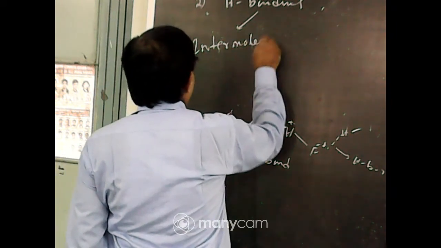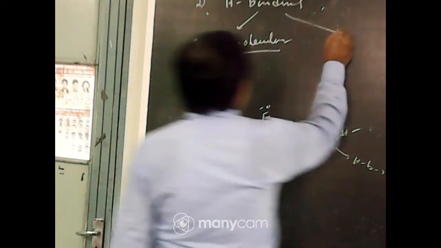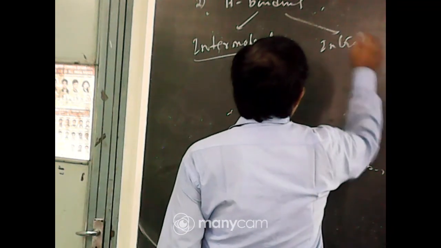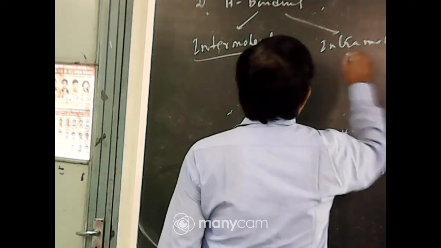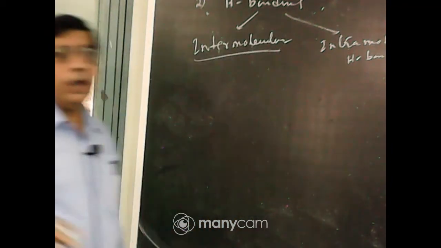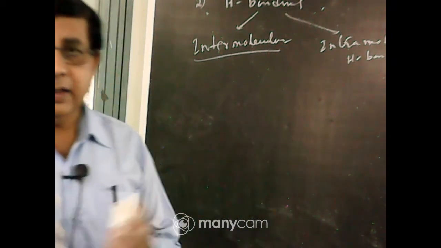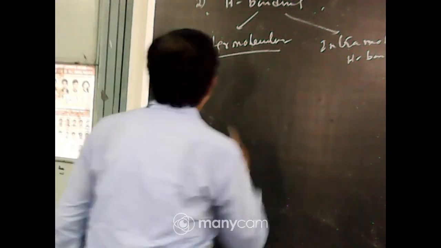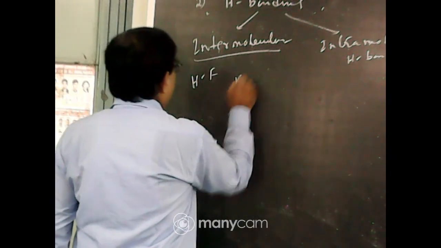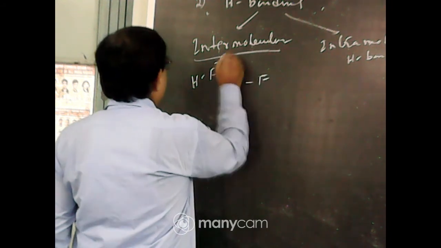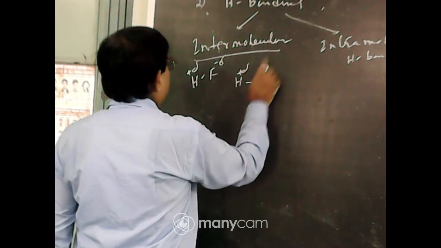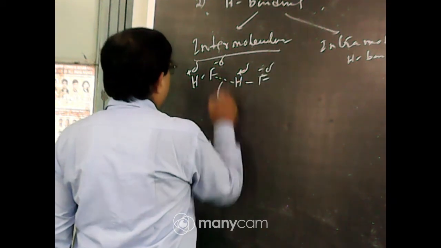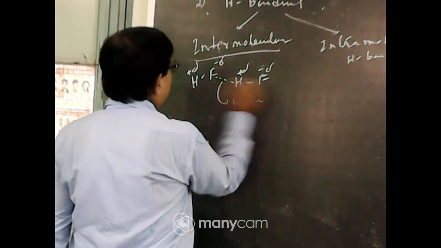Intermolecular hydrogen bond is formed between two neighboring molecules of the same type or different type. Say HF and HF, here negative, positive, positive, negative. So this is between molecules of the same type.